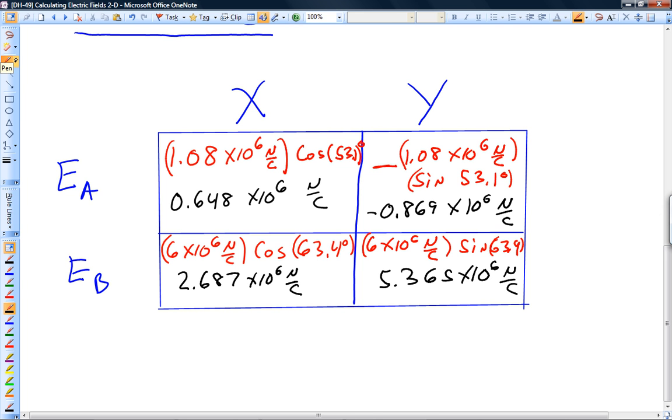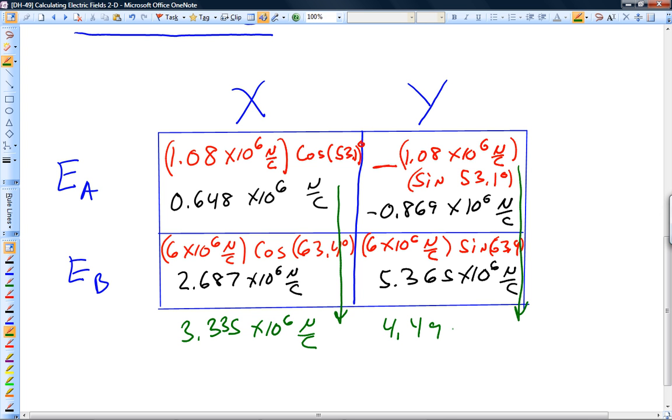Then what we want to do is add these numbers down, just like we do with vector problems earlier in the year. And when I do that, I get 3.335 times 10 to the 6th. And for the y component, I get plus 4.496 times 10 to the 6 newtons per coulomb.